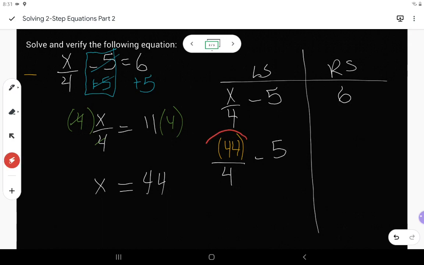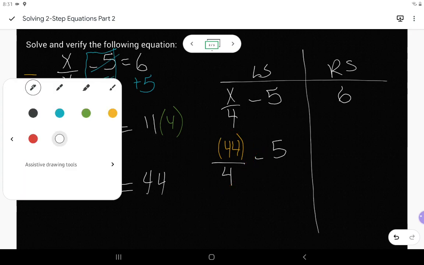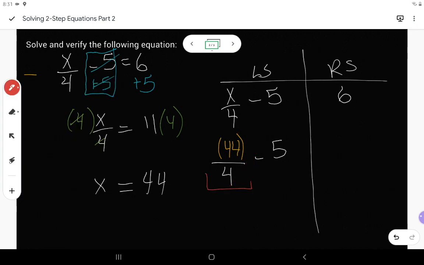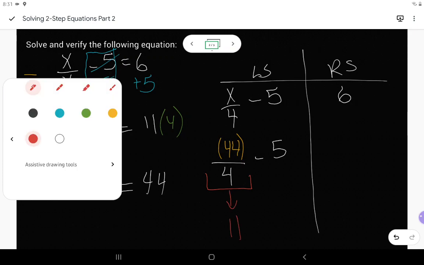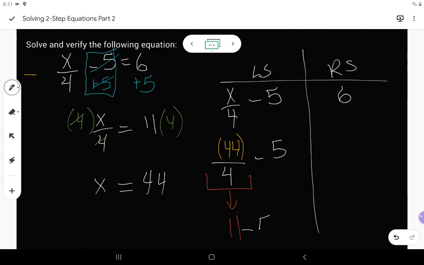Order of operations says I have to divide before I subtract, so I do that division first. 44 divided by 4 turns into 11. Then 11 minus 5 is 6. That's great because I've shown that both sides of my equation are the same thing.